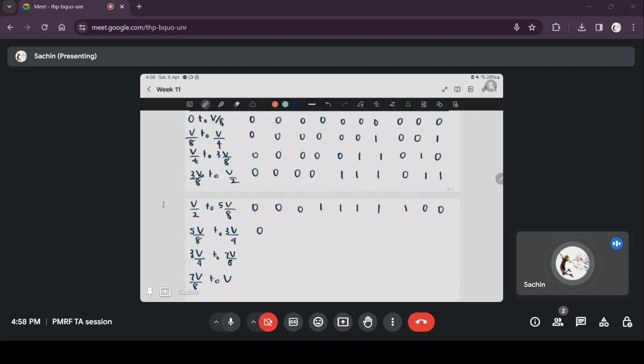For voltage values 5V/8 to 3V/4, first 5 comparators are on, so that's encoded as 101, and so on, 110.